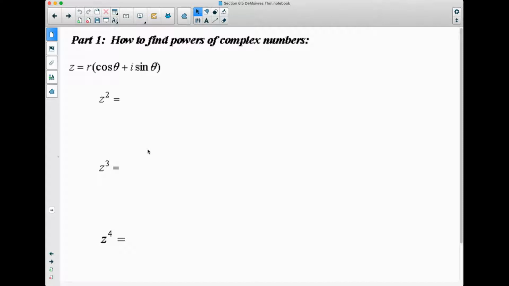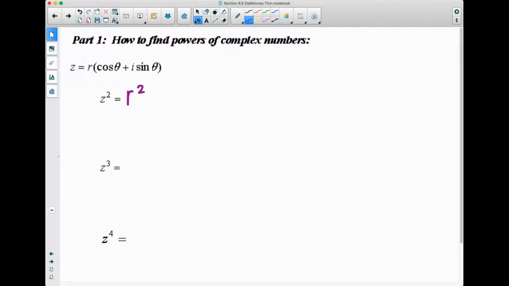Okay. So if our complex number that we did is r cosine theta plus i sine theta, then what De Moivre's theorem says is that we're going to take our r and we will square it, and then we will multiply that to our theta.